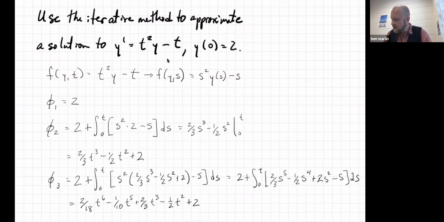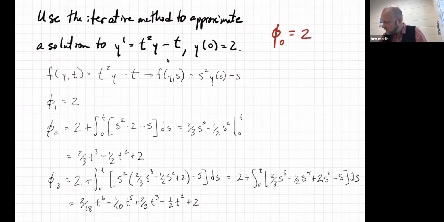So the setup for said iterative method is simply that you start out with a, oh, I've numbered them wrong, darn it, okay. You start out with a phi sub 0. This is your first approximation, and you just let it be your initial condition, okay?